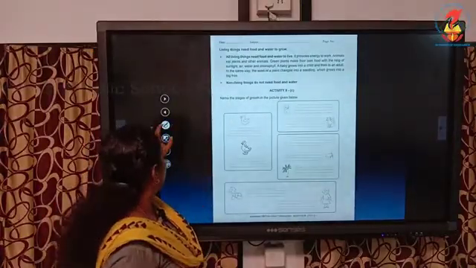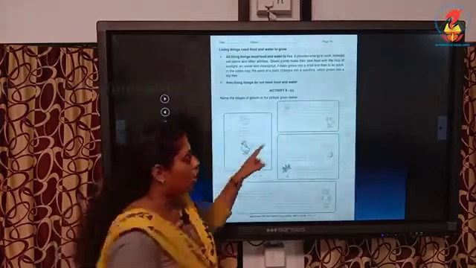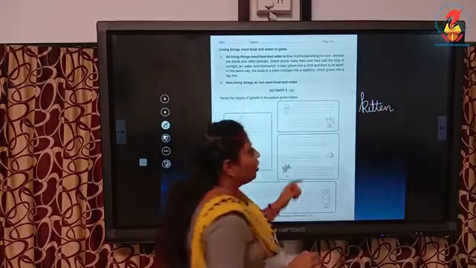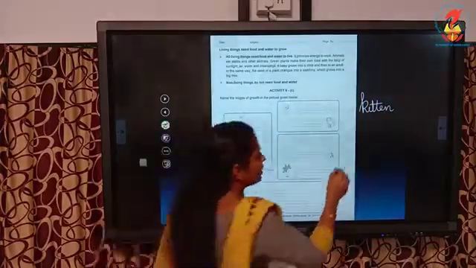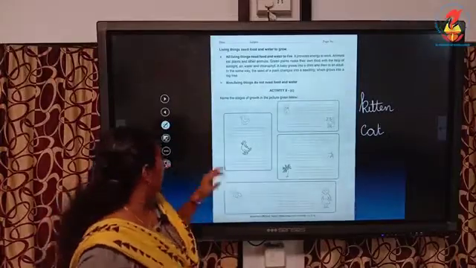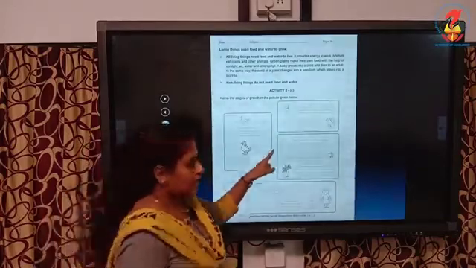Next picture, what is the young one of a cat called? Kitten. Right? When they grow up, they are called a cat. Right? Now let's move on to the next one. It's a seed.